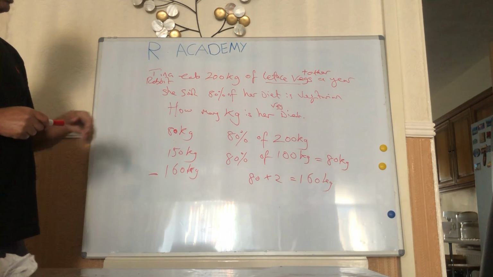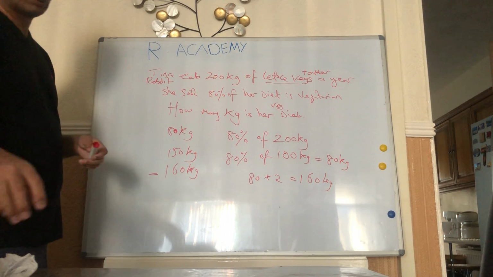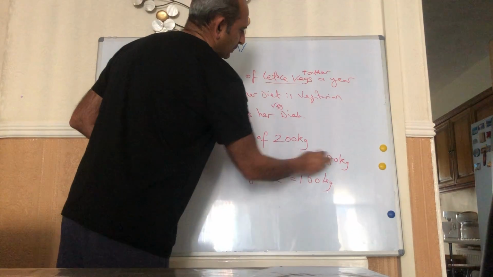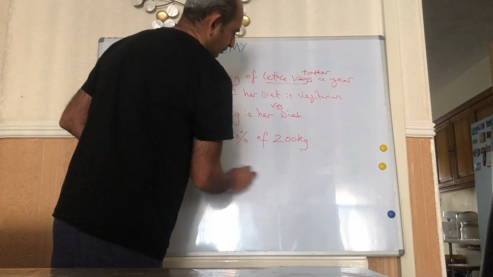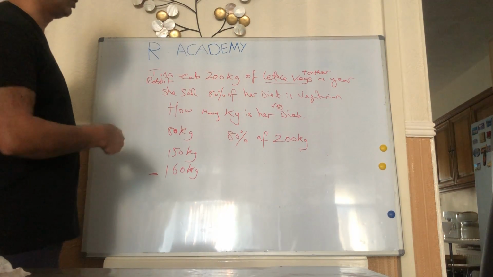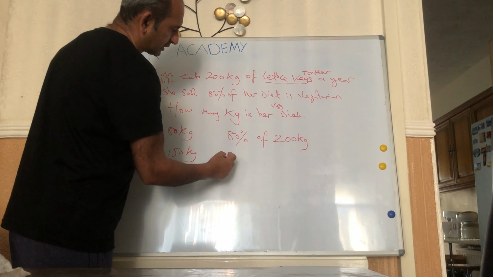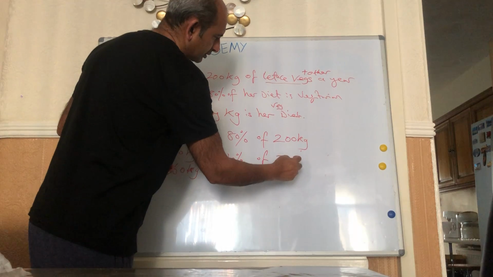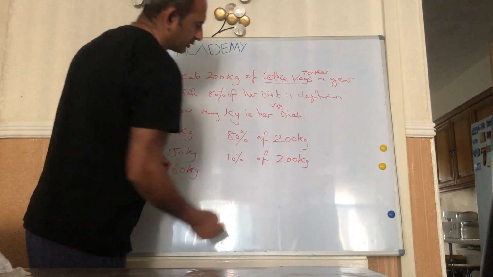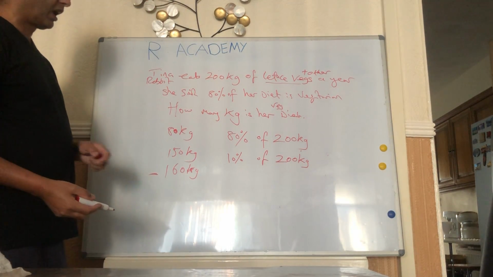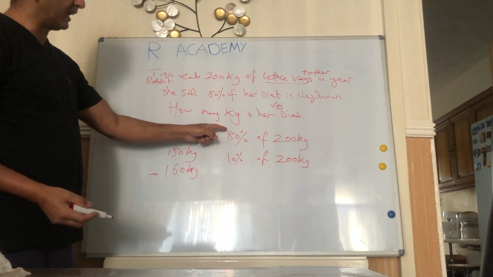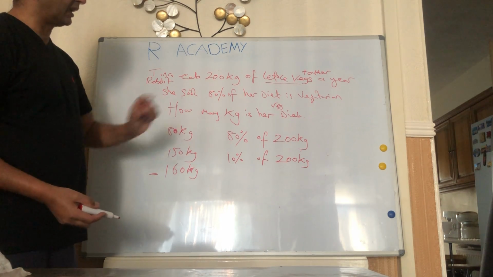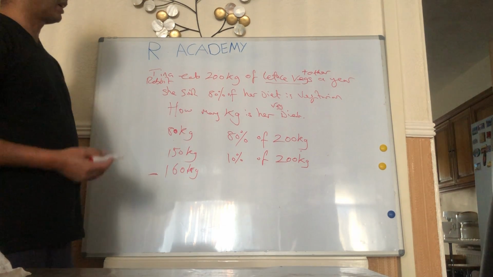So if you can't work it out that way, there's another way to work it out. And that would be 80% of 200 kg. We can do now 10% of 200 kg. Yeah? And then times it by 8, because that's 80. That's 8. Times it by 8. And you get the same answer.